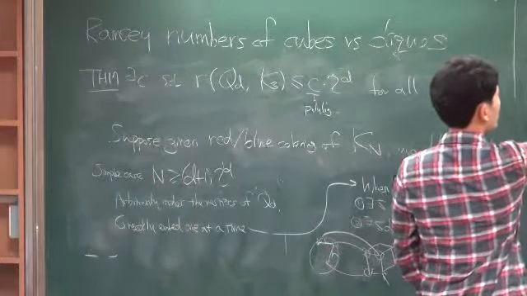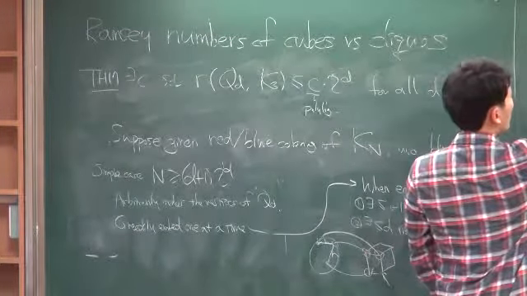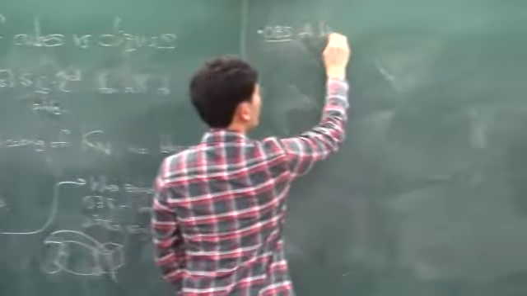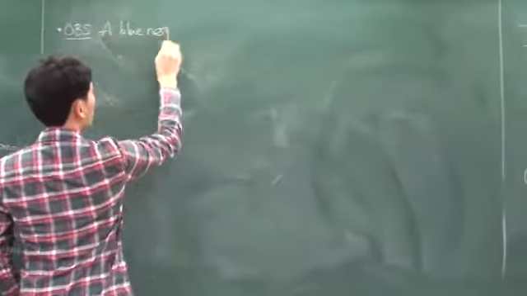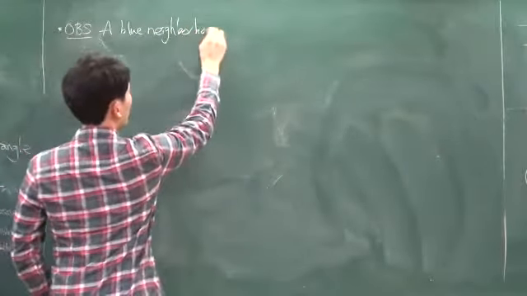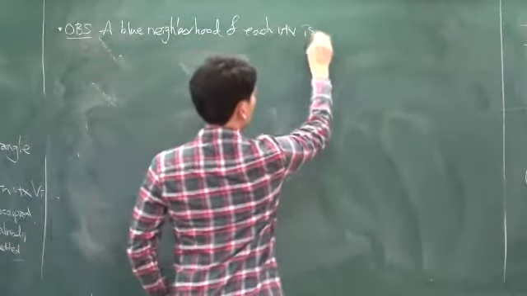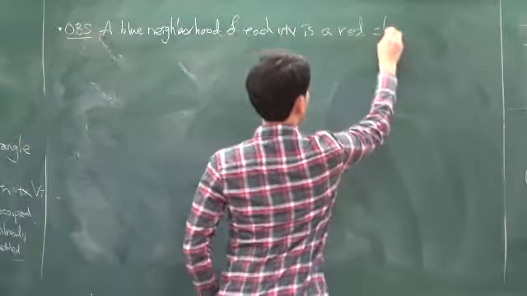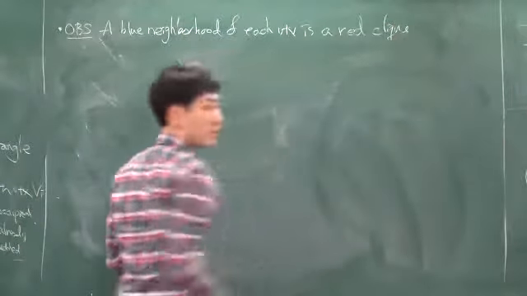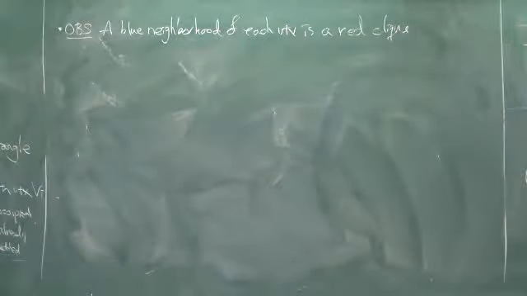Then another observation is the blue neighborhood of each vertex is a red clique. Because we don't have any blue triangles.